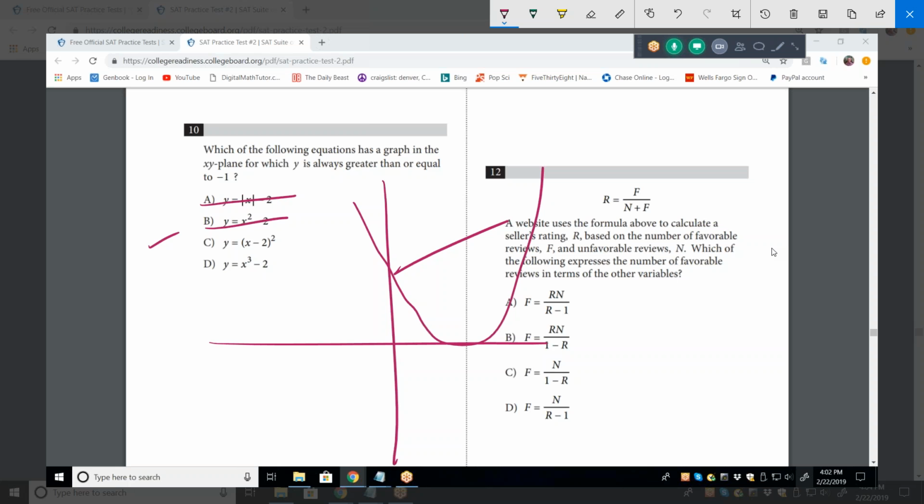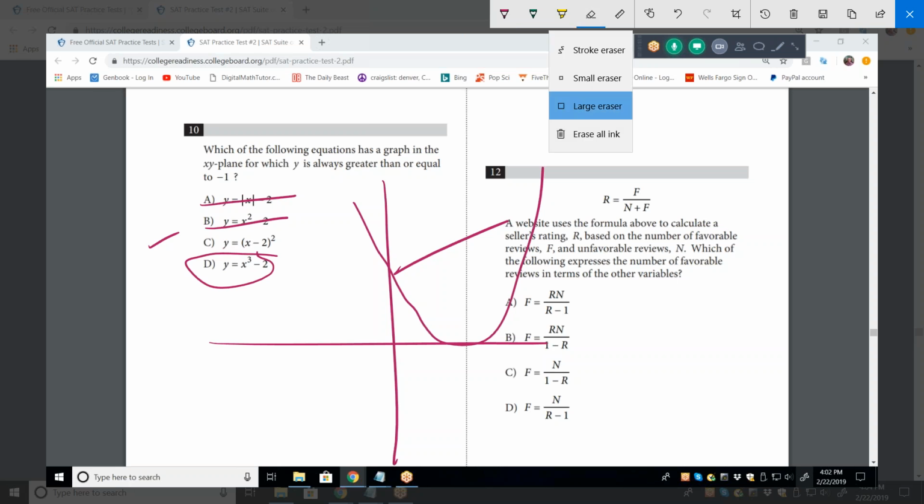Now, the question is are we done with the problem or do we have to do more? Do we need to check D? No, because there's only one correct answer. There will never be two correct answers. So once you've found one correct, don't waste time doing that one.